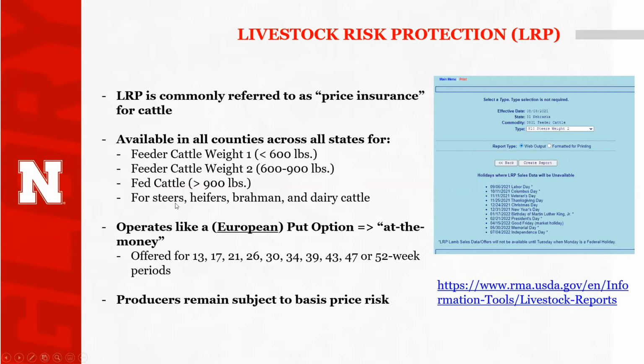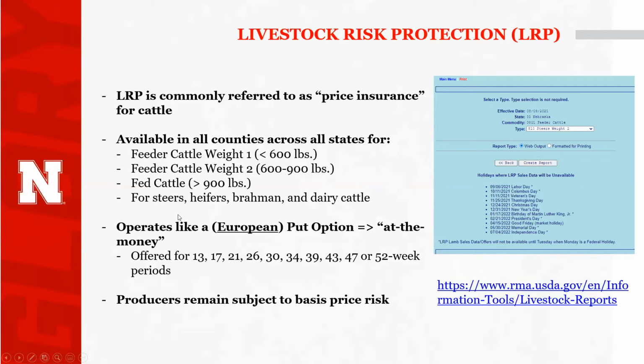And then you have to say, are they steers, heifers, Brahman, or dairy cattle? And we go to this website, USDA RMA Livestock Tools, and we can select the date, the location, the feeder cattle, and the steer weight 2, and it will create a report.